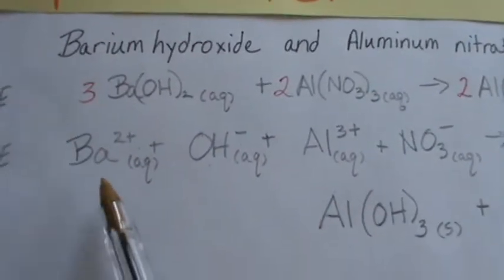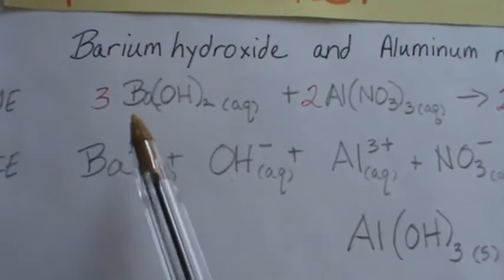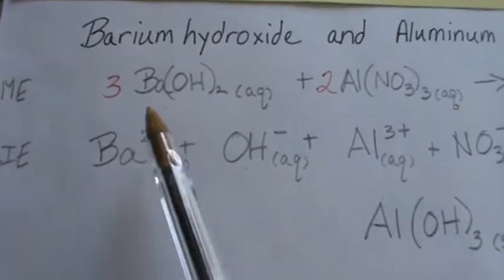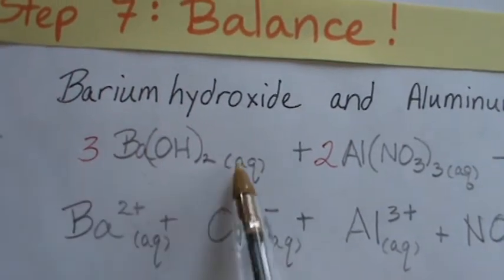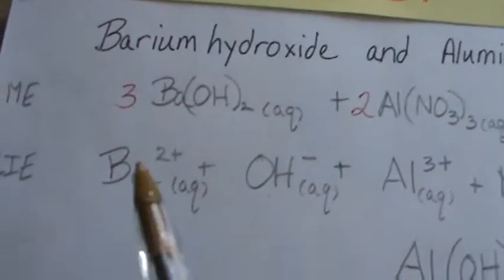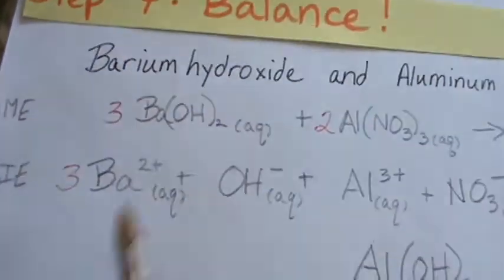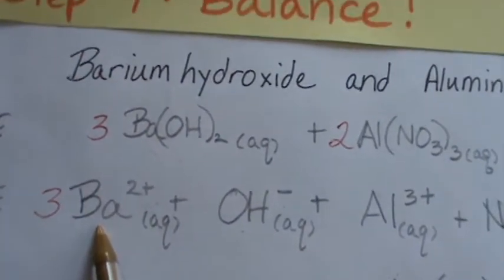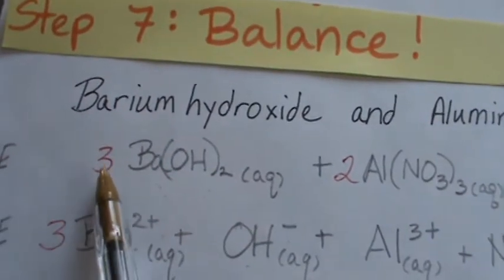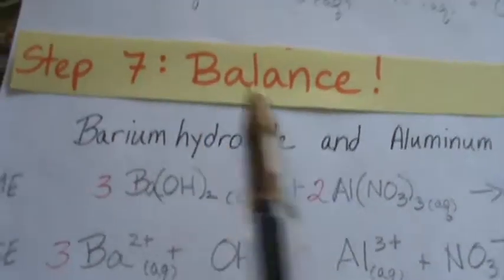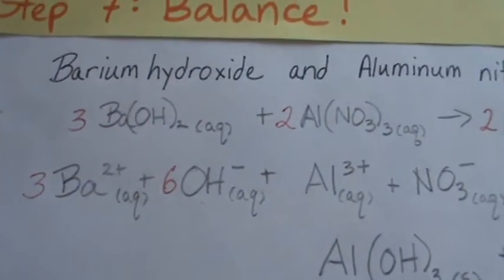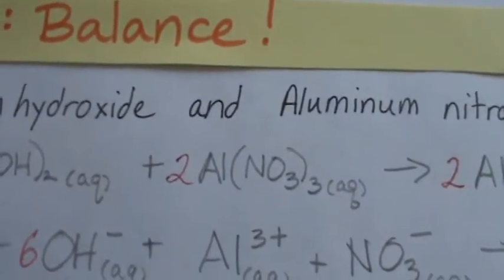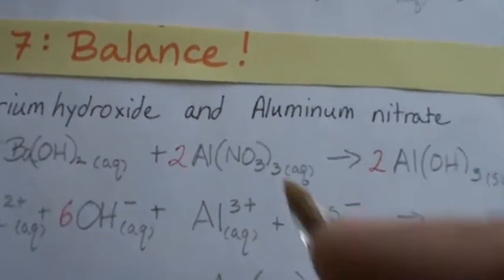So now comes this sort of tricky place where we're putting our coefficients into our complete ionic equation. And here I see I have 3 bariums within my barium hydroxide units. So I will put a 3 here in front of my bariums. And here I have 3 times 2 or 6 hydroxide units. And here I have 2 of my aluminums.